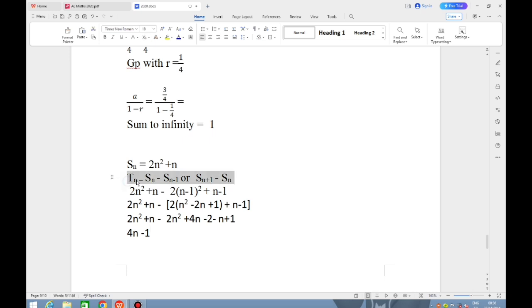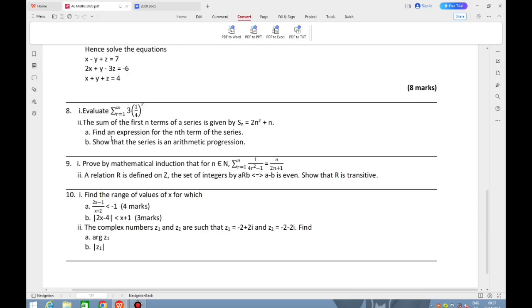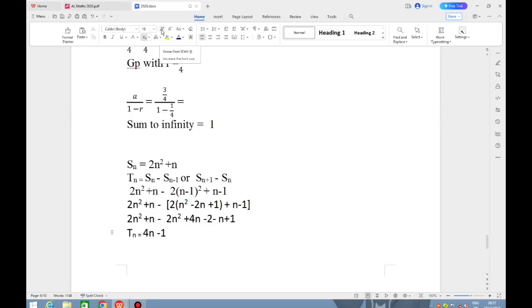So the Tn term, the nth term, is equal to this. The next question says, show that the series is an arithmetic progression. To show this, we're going to find the T1 term, the T2 term, and the T3 term.